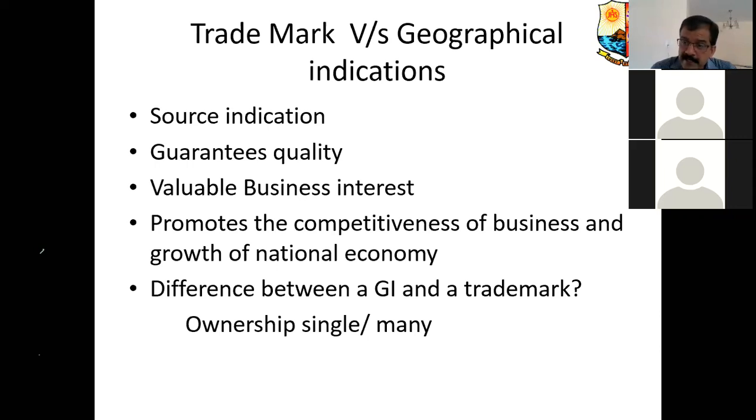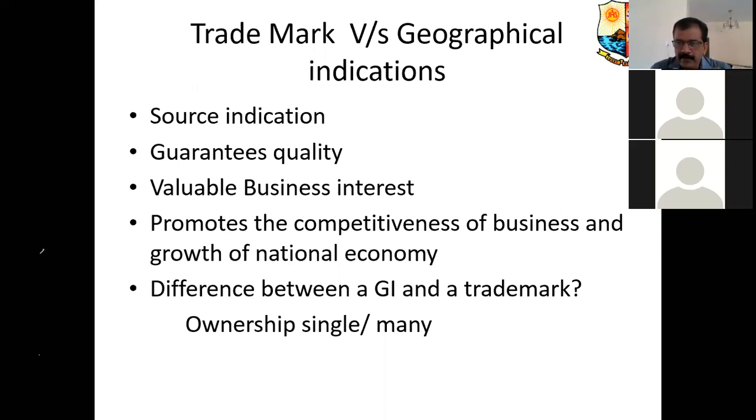Geographical indications are not owned by one particular person. They are owned by many. When I say many, I do not mean all over the world. It belongs to that territory or region.